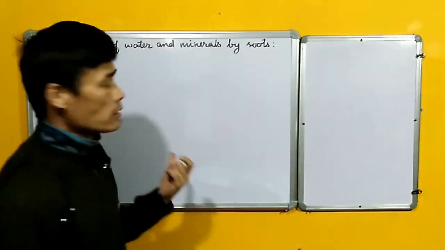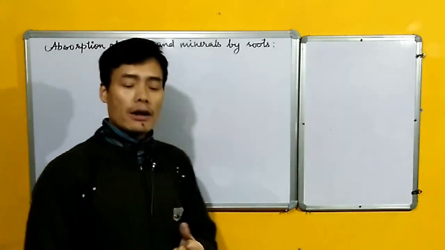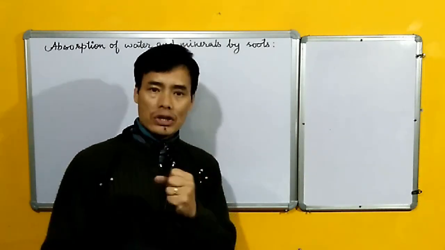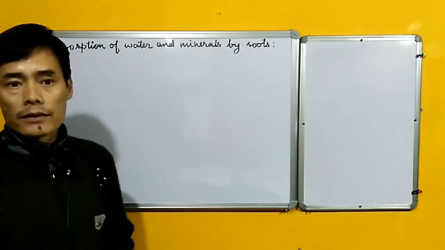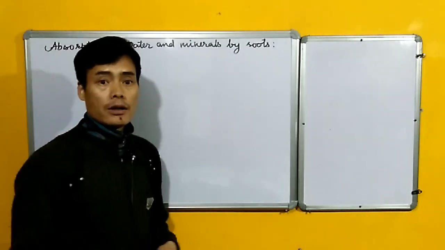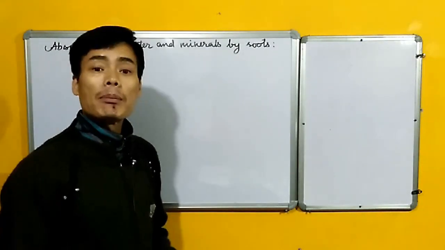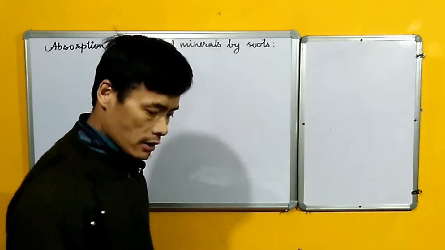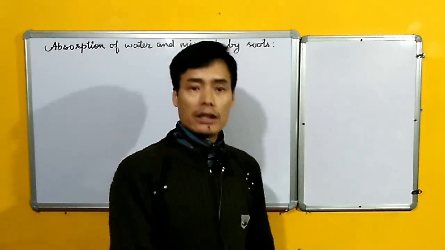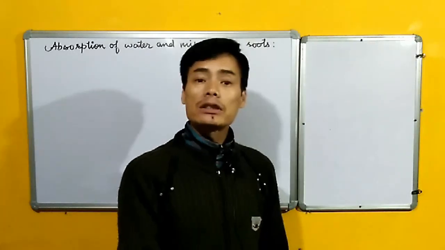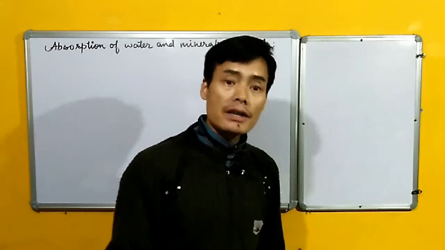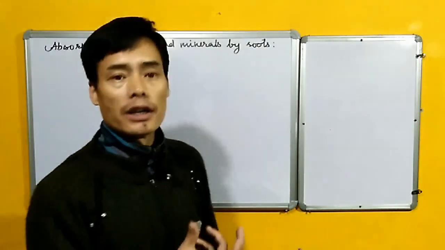So in this section, we will try to understand how the root does such a function so that it enables the plant to continuously acquire the required materials in the form of minerals and water that is to be used by the plants for their sustenance.